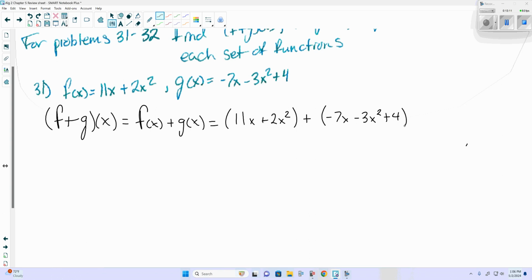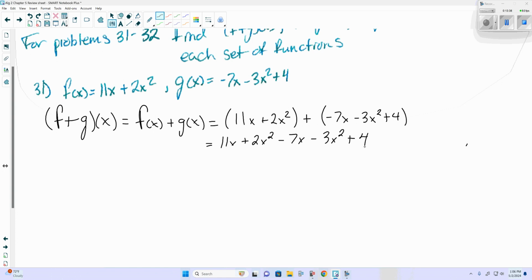Questions on this so far? Now, since we're adding, we can just drop the parentheses, so we'll have 11x plus 2x squared. Now, plus negative 7x, we can just say minus 7x minus 3x squared plus 4.